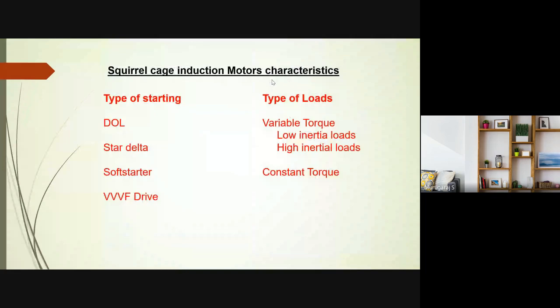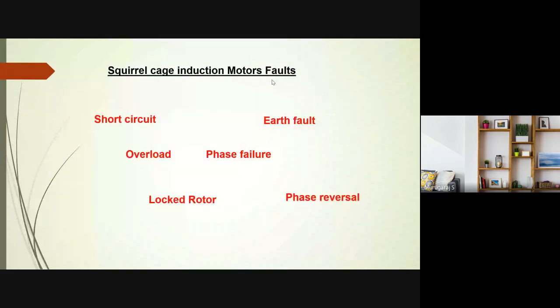If you try to start those constant torque applications in DOL, the motor tends to fail because it will not be able to overcome that inertia. So constant torque applications are generally started through variable voltage or variable frequency drives.